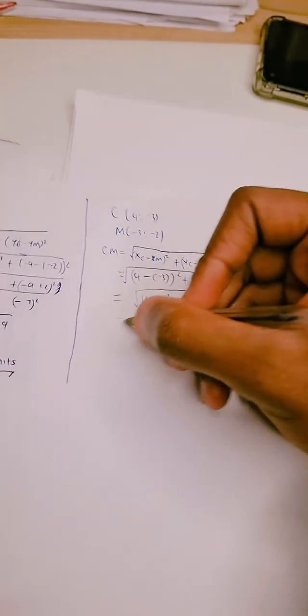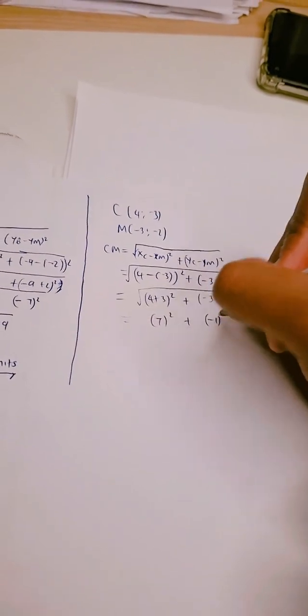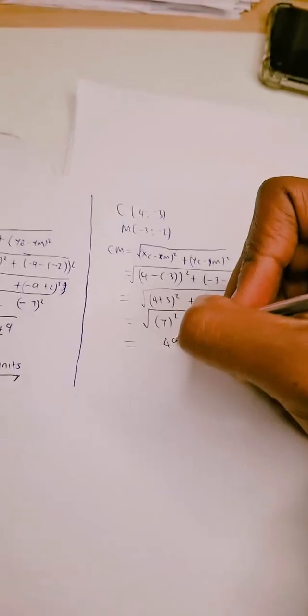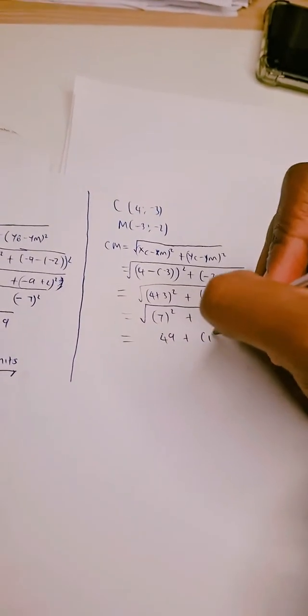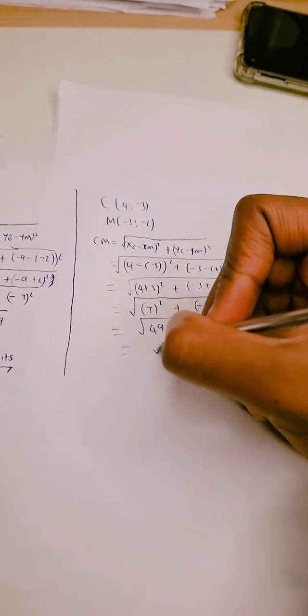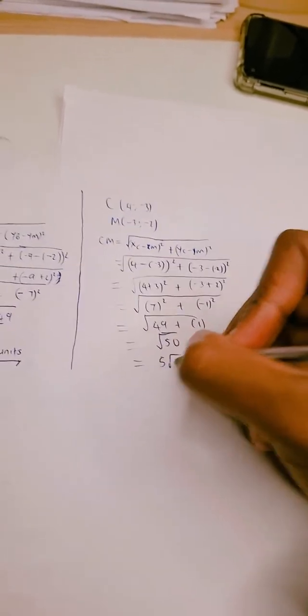We put everything there in the squares. We get negative 1, the whole thing squared, all underneath the square root. We get 49 plus 1. It seems like we get the same answer, 5 root 2.